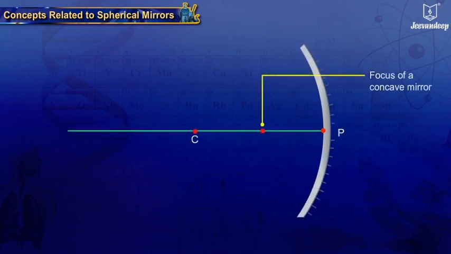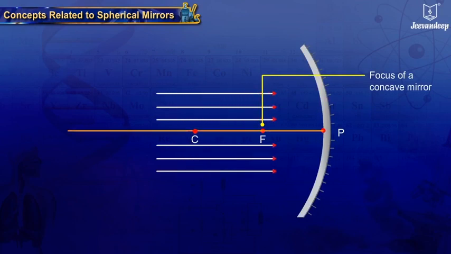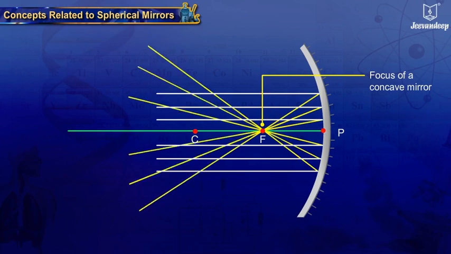Focus of a concave mirror, represented by F. The rays of light parallel to the principal axis on reflection from a concave mirror meet in front of the mirror at a single point on the principal axis. This point is called the focus F of the concave mirror.